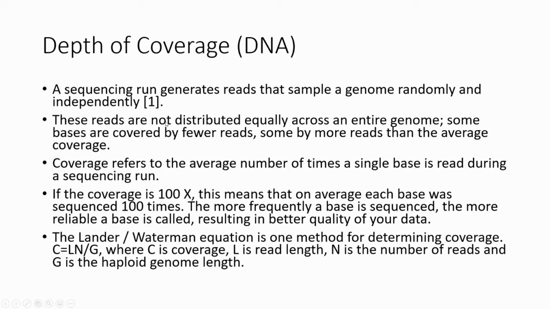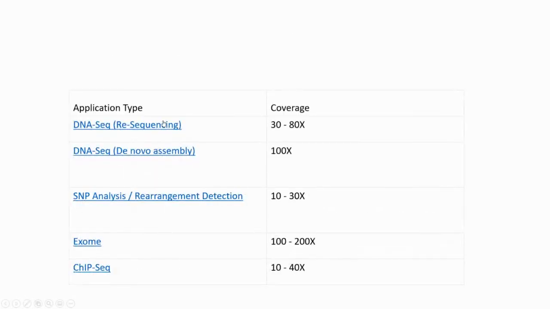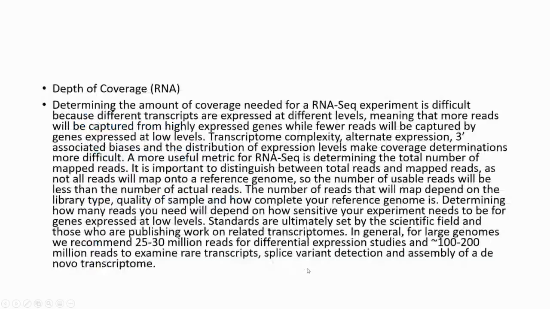That means how many times a nucleotide can be sequenced. And there is some minimum coverage required. For example, for DNA resequencing, normally you need 30 to 80 times, for novel assembly 100 times, and for ChIP-seq, 10 to 40 times coverage is enough, okay?